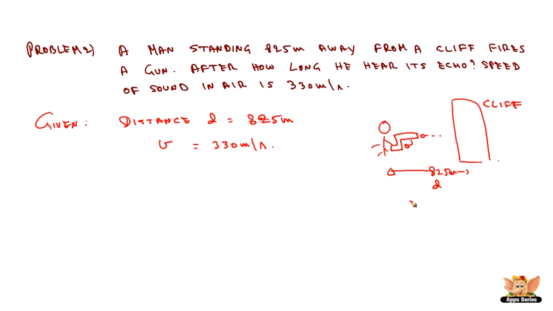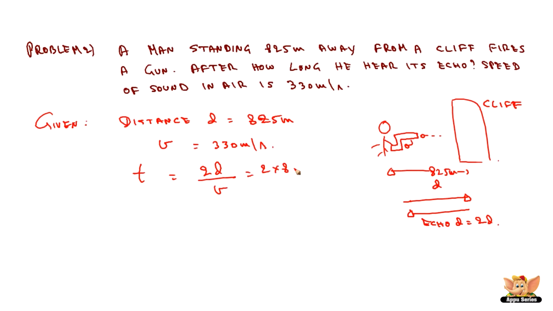Since for the echo, the sound wave travels to the cliff and comes back, the echo distance will be twice the d. So we can find out the time that is taken for the man to hear the echo, which is 2d by v.